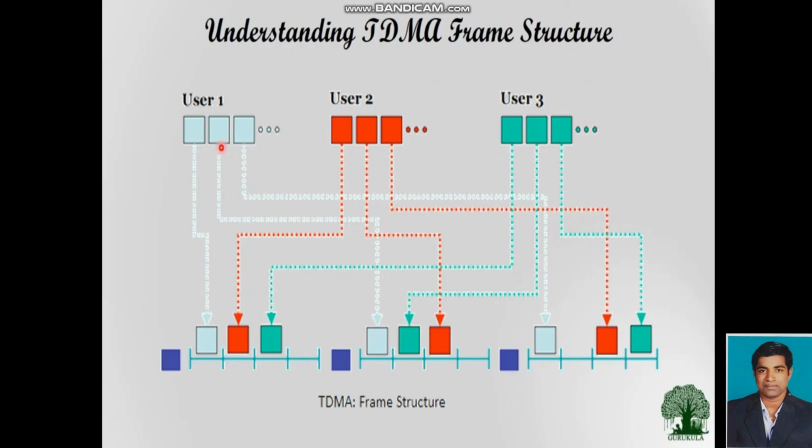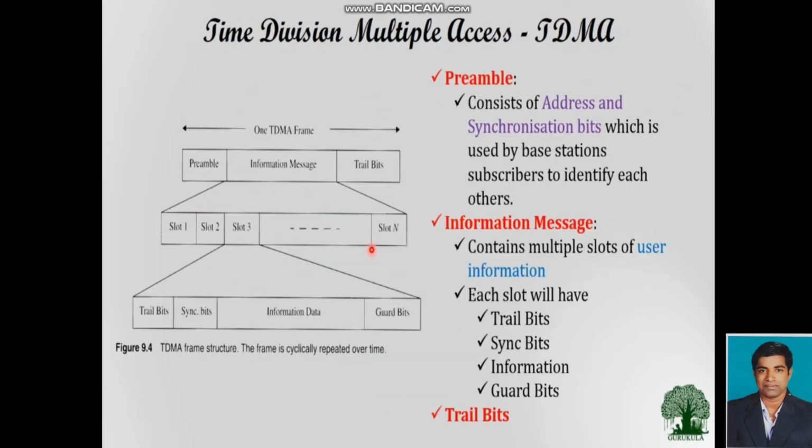Then we give the chance to user 1 again, and so on. It is similar to a round robin case. Each and every user is able to send one block of information at a given particular time. The TDMA frame structure we discussed till now. Time division multiple access TDMA.